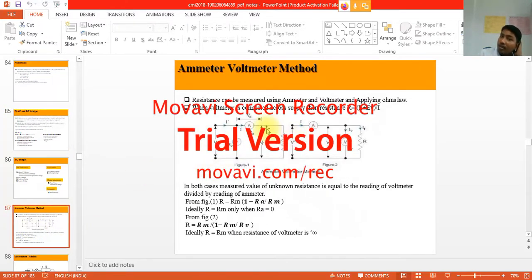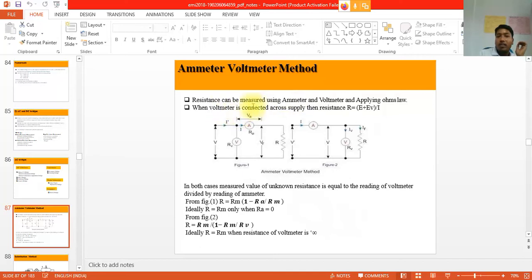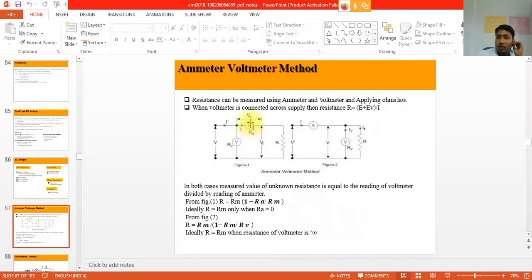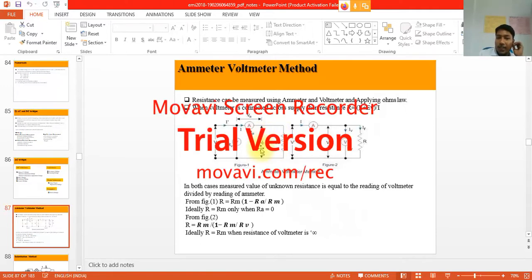Resistance can be measured using an ammeter and a voltmeter by applying Ohm's law. When the voltmeter is connected across the supply, then resistance R is equal to (E plus EV) upon I. E is the voltage of supply, and the voltage across this resistance is VR.